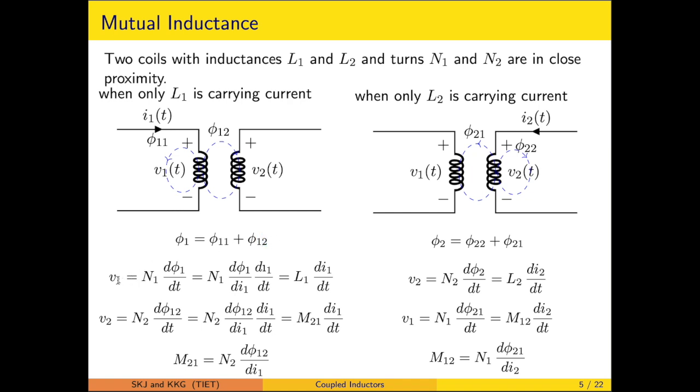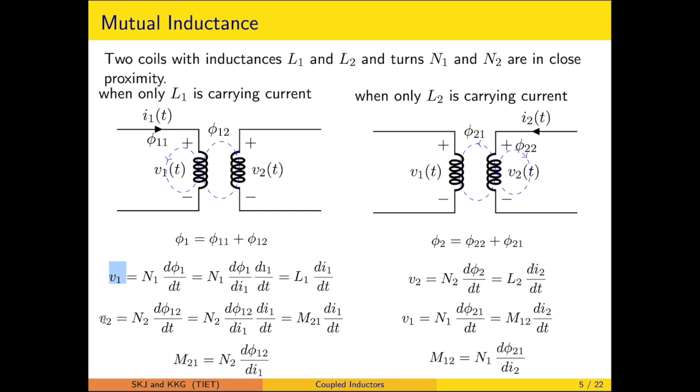So, going by the same principle, the voltage across the first inductor, V1, is equal to N1 d phi 1 upon dt. This we can extend by the chain rule, giving rise to L1 di1 upon dt. However, because of phi 12, there will be an induced voltage in the second inductor.